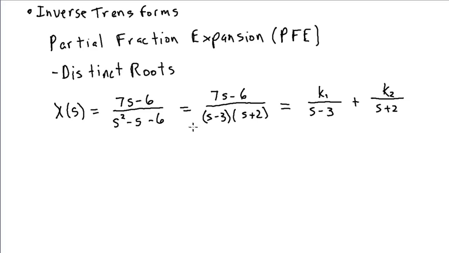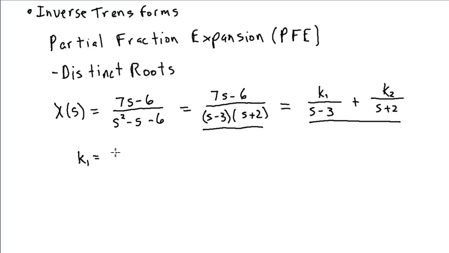We can evaluate K1 by looking at the left hand side and the right hand side here, and I can evaluate K1 by multiplying both sides by the denominator of my K1 term.